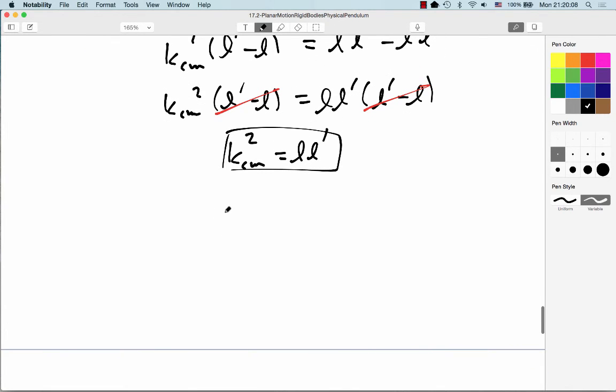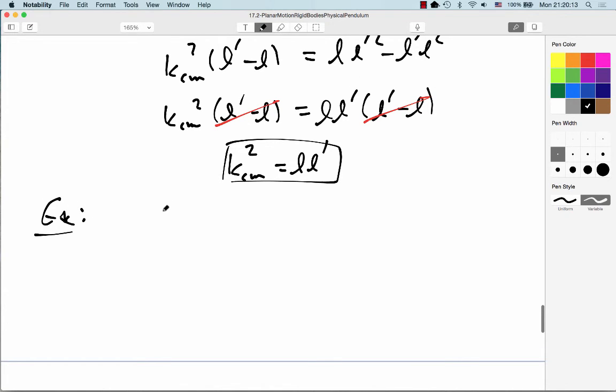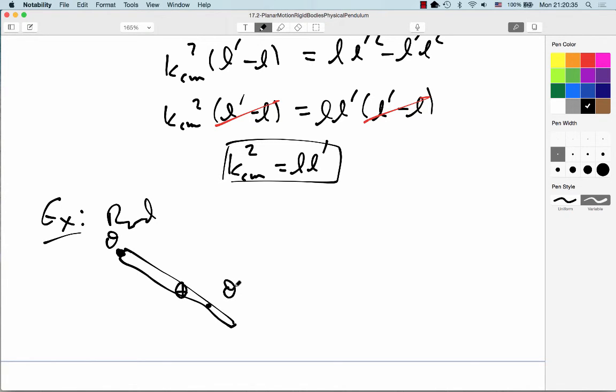So for instance, if we go back to our rod, let's say we were swinging the rod about our point O here, all the way at the end. The CM, of course, is located in the middle, and then this will be our point O prime that we want to find.